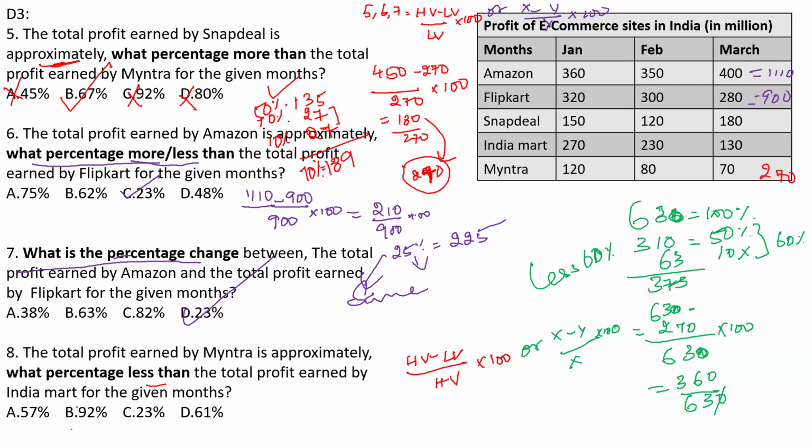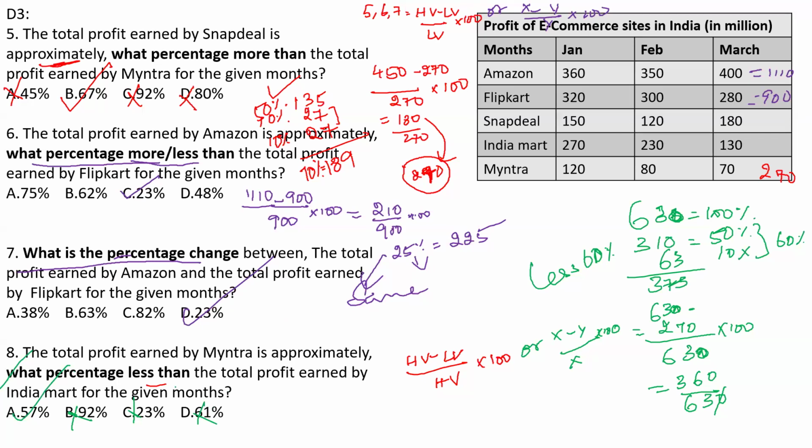Here this is 92%, and more than 23 is also eliminated. Here less than 60%, right? So 61 is also eliminated. So option A is the correct answer.